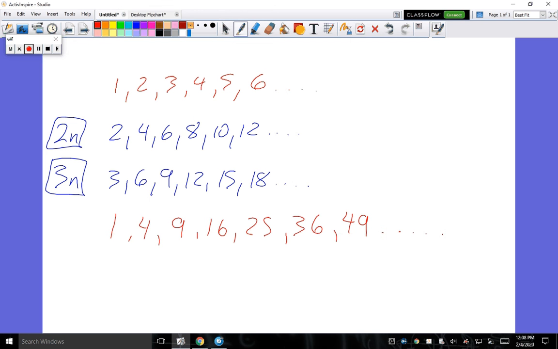Those of you who saw it fast, what we're doing today is going to be easy for sure. All I'm doing is squaring it. 1 squared is 1, 2 squared is 4, 3 squared is 9. You with me? 4 squared is 16, so on and so forth. We good? So we could say n squared.